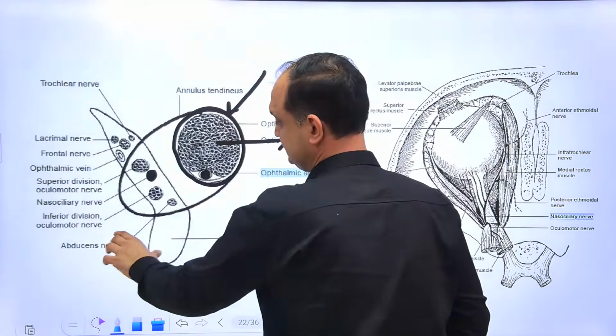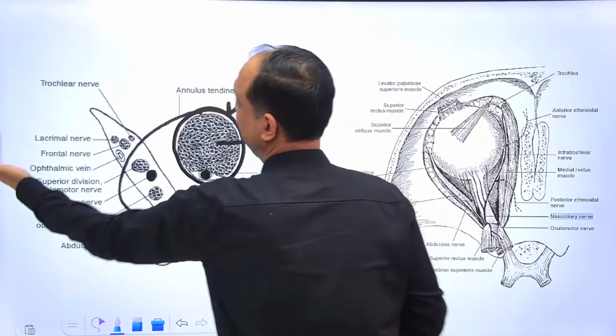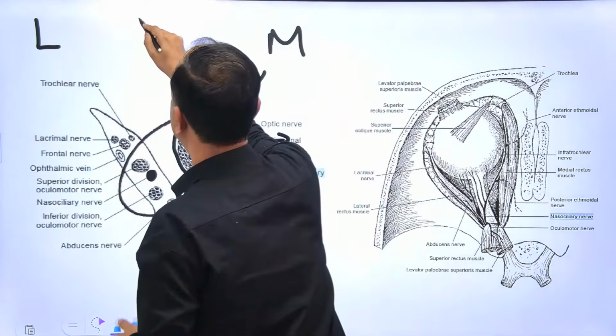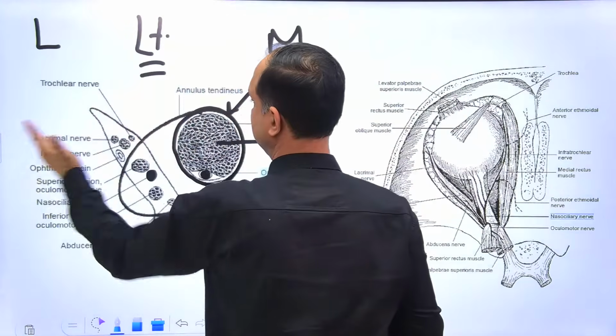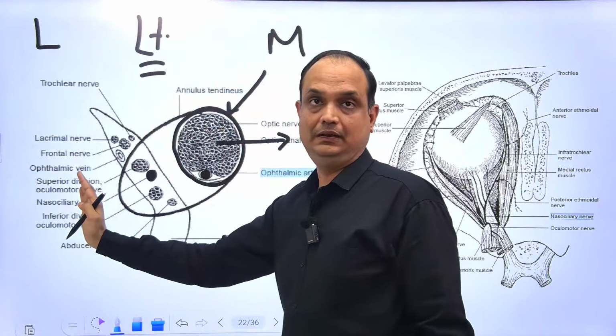Clear? Because this is the fissure, the direction of the fissure will say this is the lateral side of the orbit, this is the medial side. That means this is my left orbit. Clear? If I say this is my left orbit, so this is the lateral side, and here you can see the nasociliary nerve is also lateral.